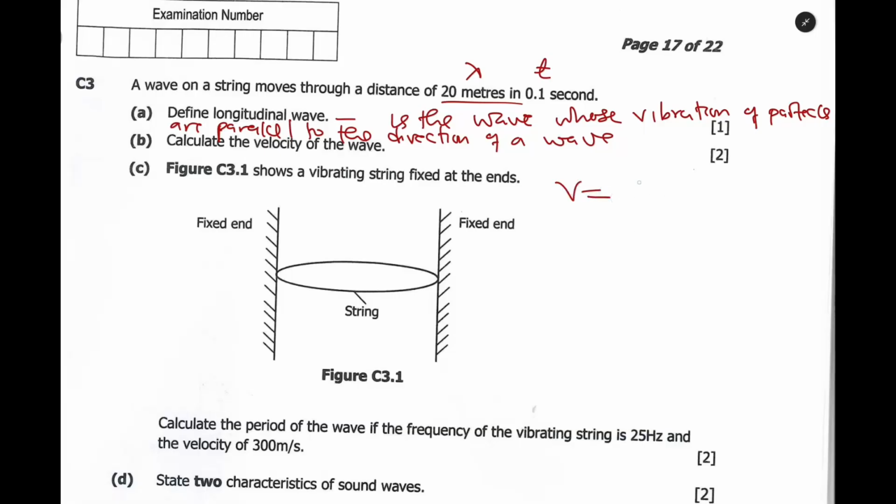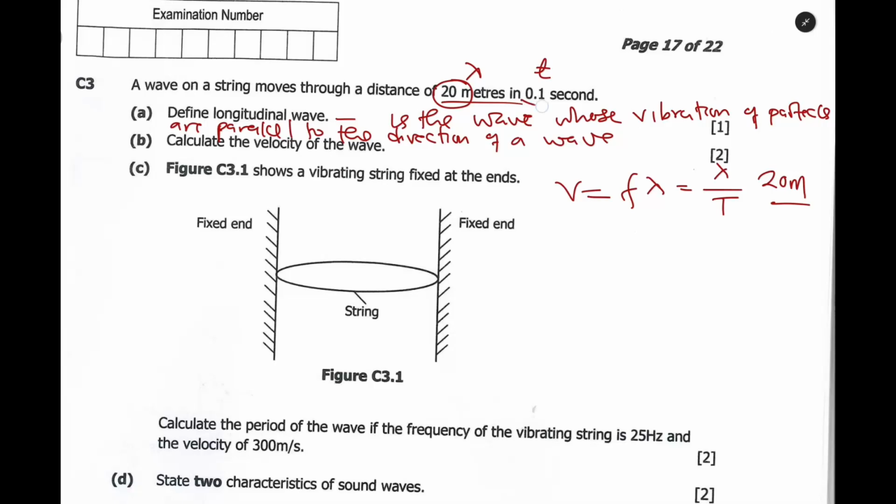So velocity is equal to frequency times wavelength, or that is wavelength divided by period. So what is happening here? A wave on a string moves through a distance of 20 meters. So that is the wavelength, 20 meters.